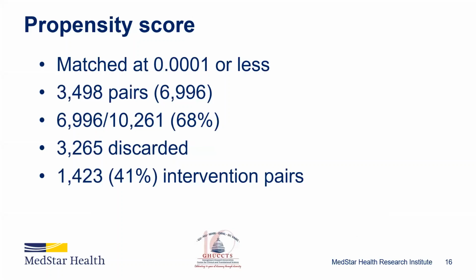Out of the 10,000, we had almost 7,000 patients, or 3,500 pairs, but because not all participated, we had to discard quite a large number, and we ended up with only 1,400 intervention pairs, or about 41% of all of our total available patients in that time period.